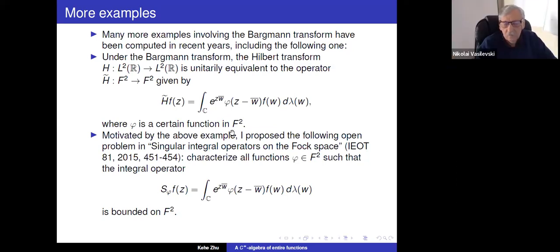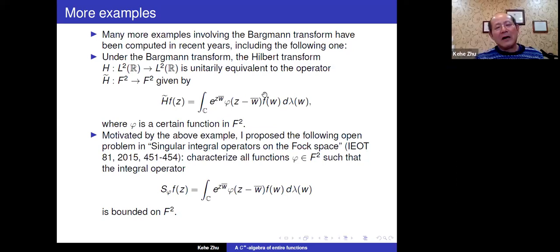Anyway, after I computed the Hilbert transform, I realized that integral operators like this are probably going to be very important in the context of the Fock space, and therefore I formally raised a question in 2015. For the Hilbert transform, I have a particular function phi that I can write down, and this integral operator is equivalent to the Hilbert transform.